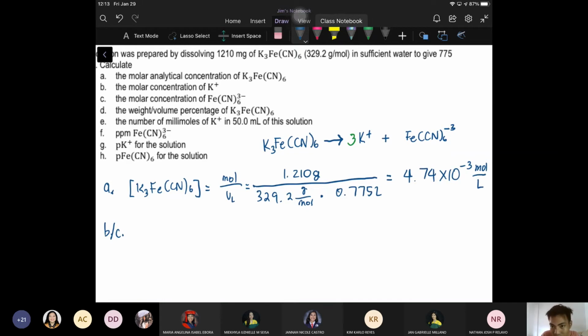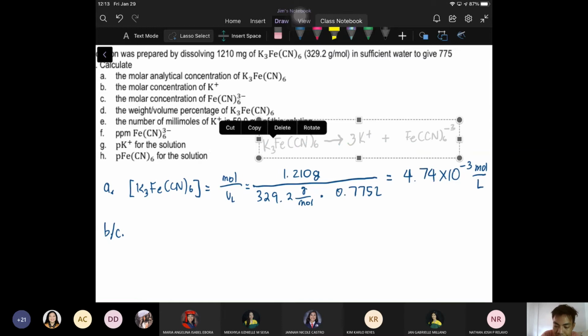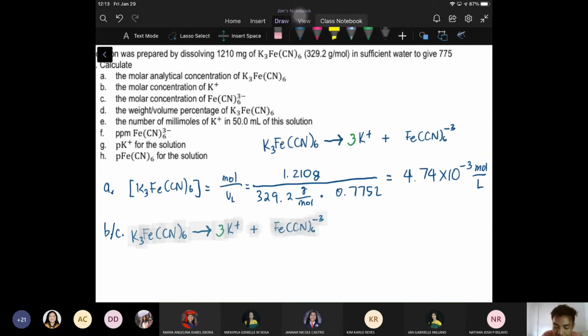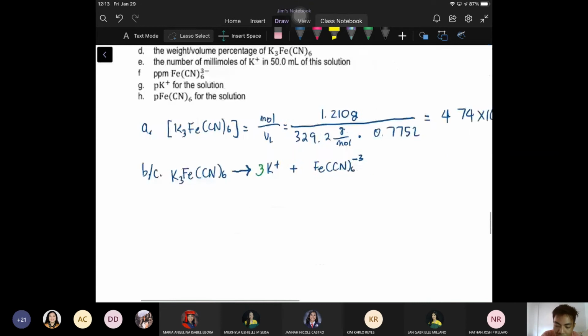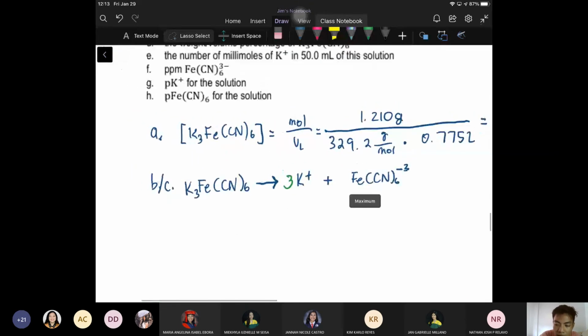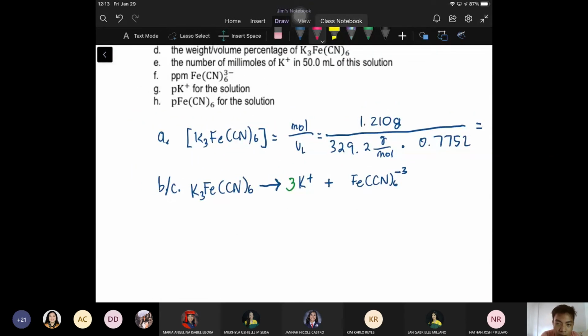So using Stoich. Kaya nga kinopya ko tong equation na to. Kaya nga in-emphasize ko kailangan alam natin to, kasi dito natin siya magagamit. Tulad ng problem na to, since na-solve mo na ang molar concentration ng isa, pwede mo na makuha yung molar concentration ng iba. Paano? Stoichiometry.